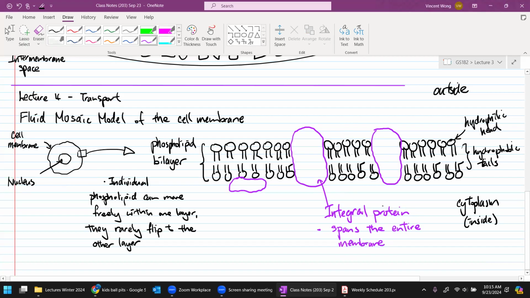It goes all the way through, and you can see it on both sides of the membrane. It's like a raisin bread, okay? You can see the raisin on both sides. Sometimes the protein might just be stuck on one side, and if it's stuck on one side, we call it a peripheral protein.